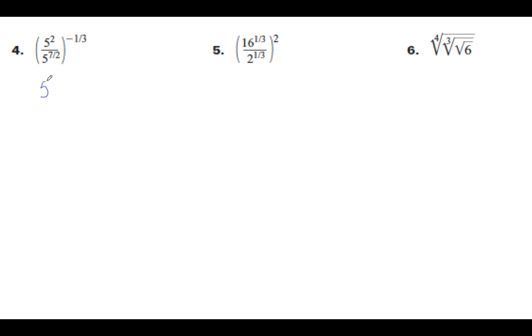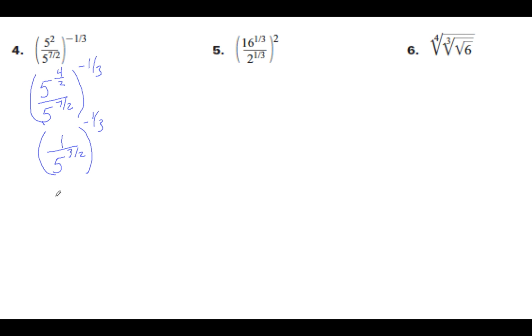First thing we're going to do, I'm going to subtract these inside. I'm going to convert this fraction. Show the subtraction. 2 is really, another way you can say that is 4/2. So this becomes 1 over 5 to the 3/2 power raised to the -1/3.